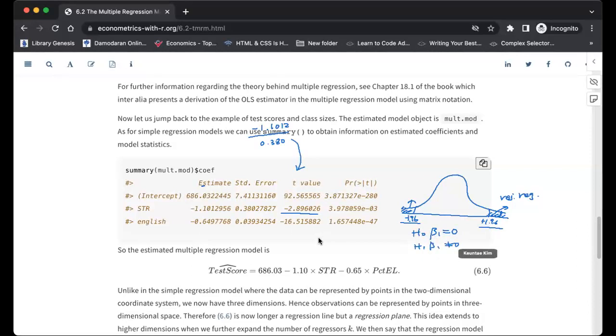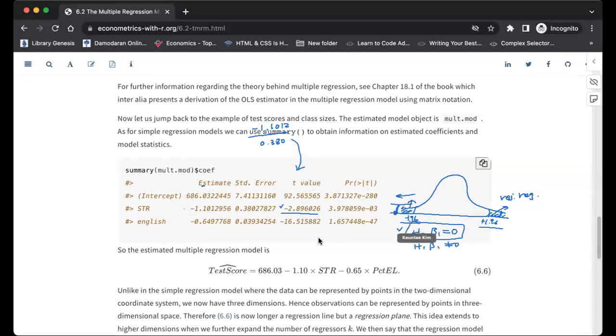For STR, the t value of around negative 2.5 is about here, which is totally within the rejection region. That means we can reject the null hypothesis that beta 1 is 0.